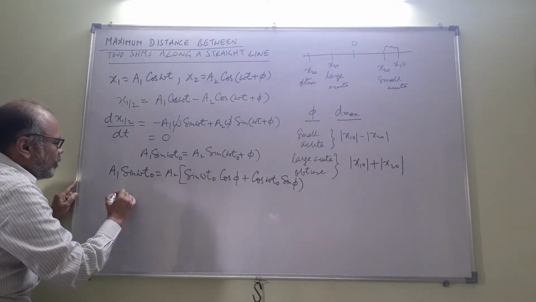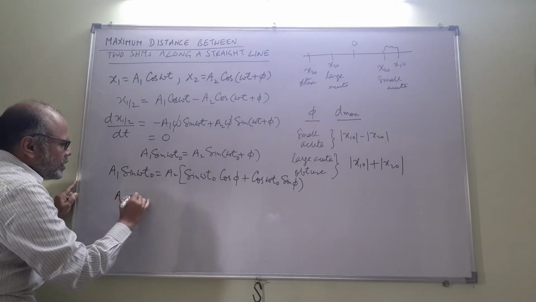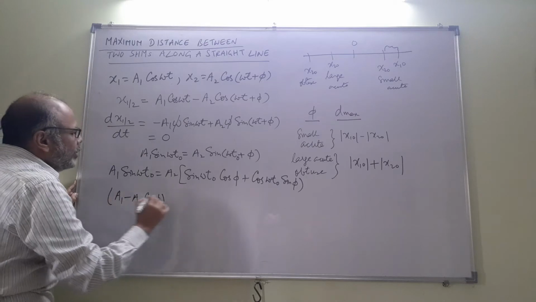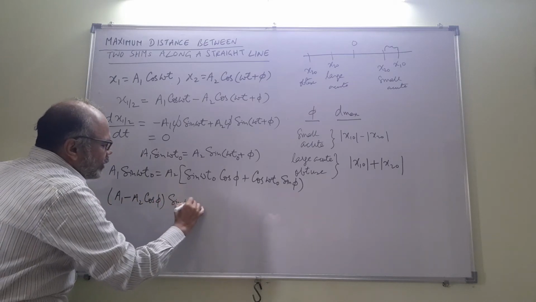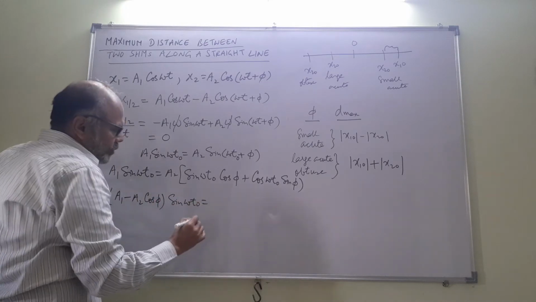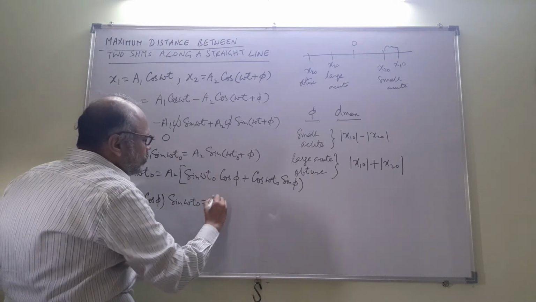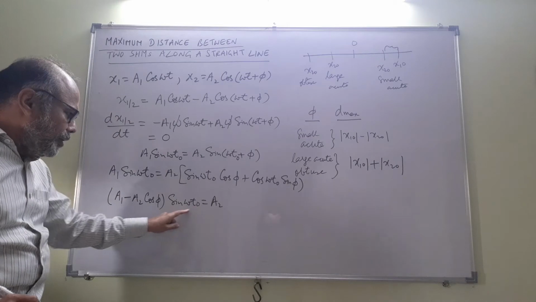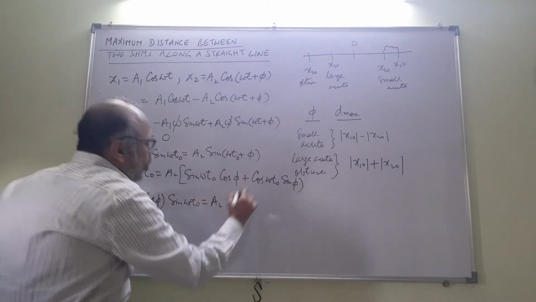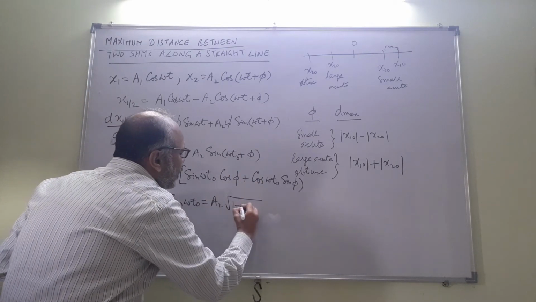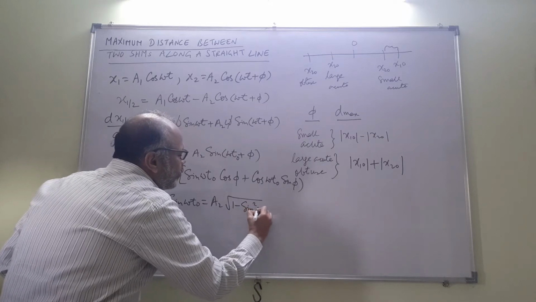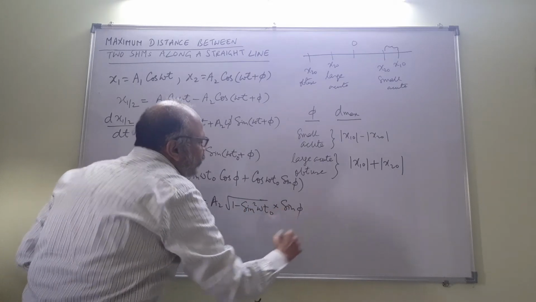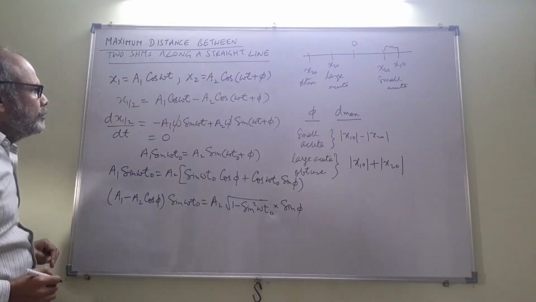So you will have A1 minus A2 cos phi into sine omega t naught is equal to A2 cos of omega t naught sine of phi. Now we would like to bring everything in terms of sine omega t naught. So cos of omega t naught we put as square root of 1 minus sine squared omega t naught.